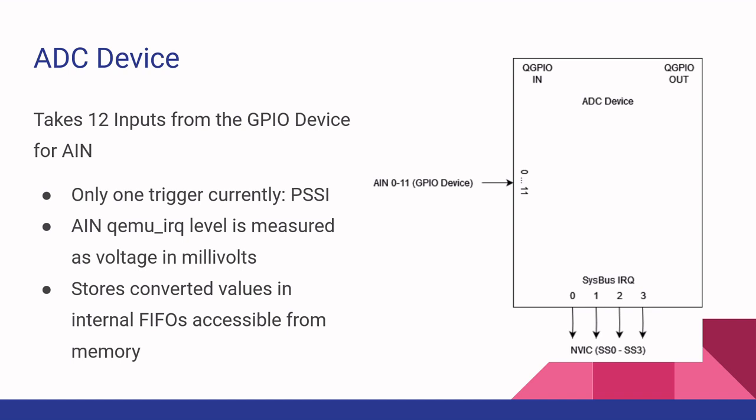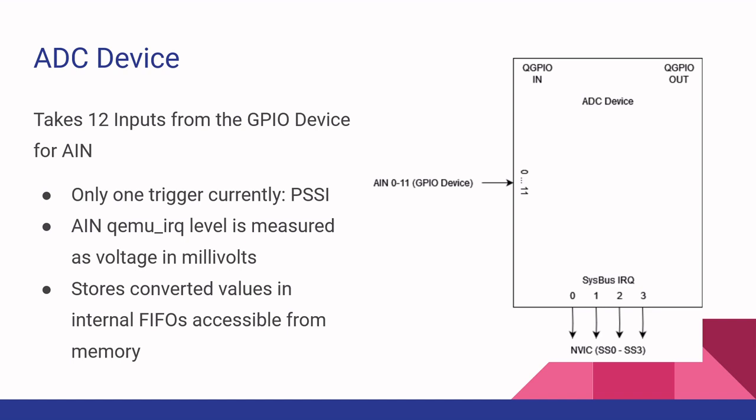It converts the voltage it reads from the AINs, for which we just used the level of the QEMU IRQ, and then we measured it as millivolts. It'll take that and convert it based on the ADC's setup into a digital value that can then be used by the student as though it were the real device.